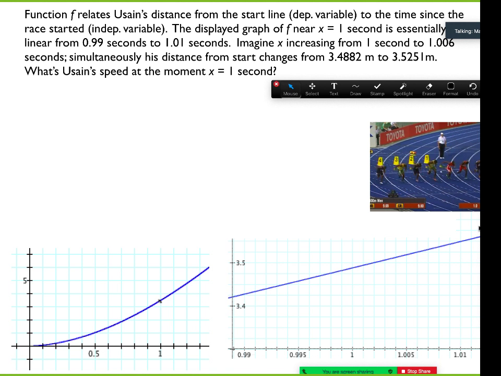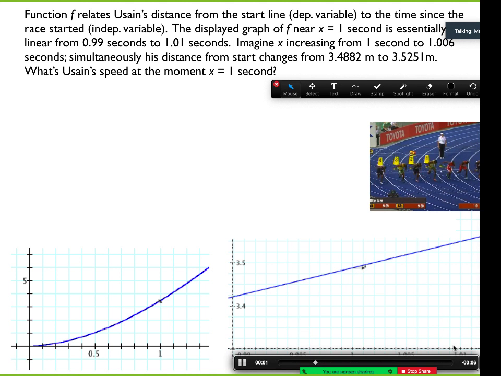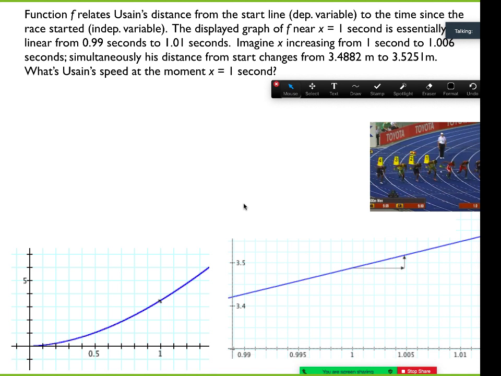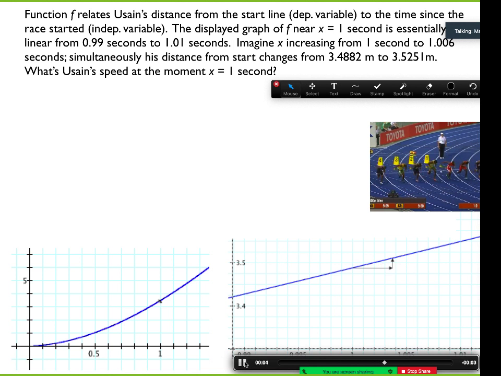And so it's appropriate to assume a constant rate of change. Okay, and so within this moment, we can show changes in y varying in proportion to changes in x. And specifically at 1.006, which is at the end here.